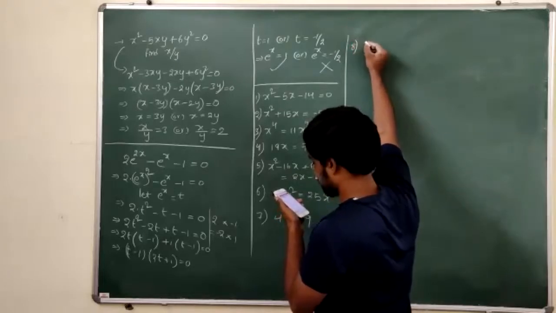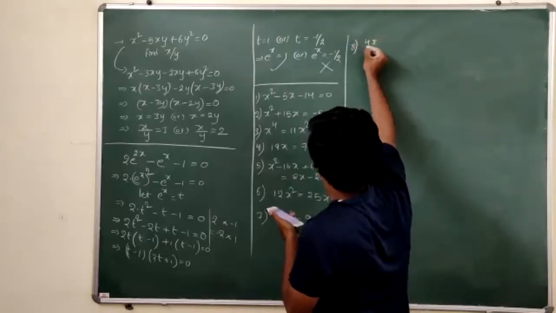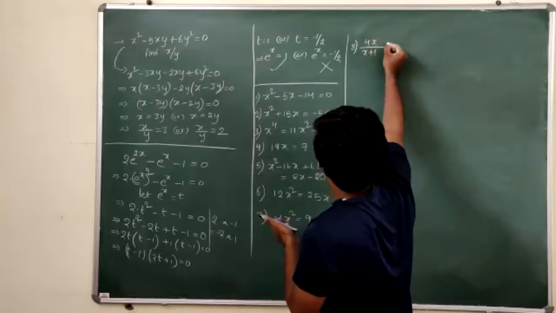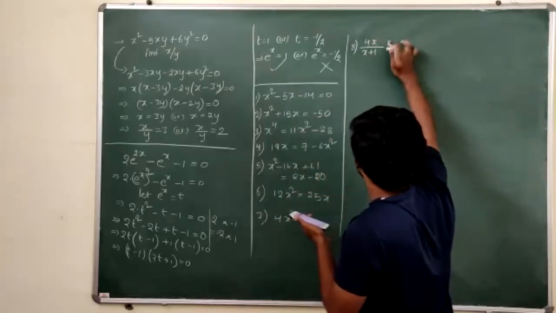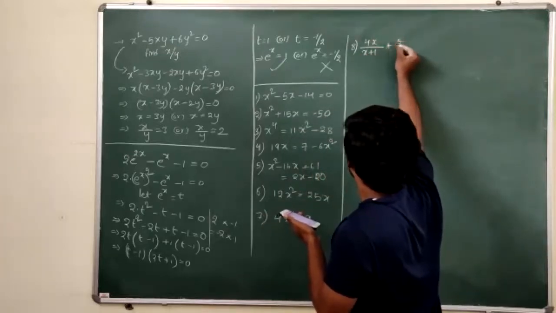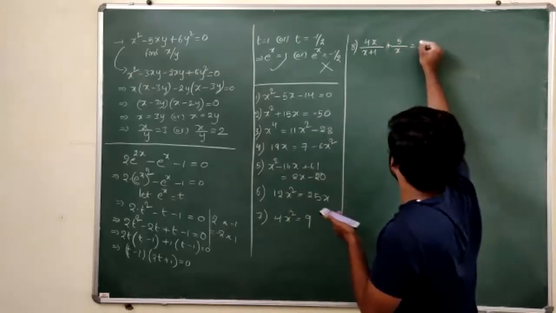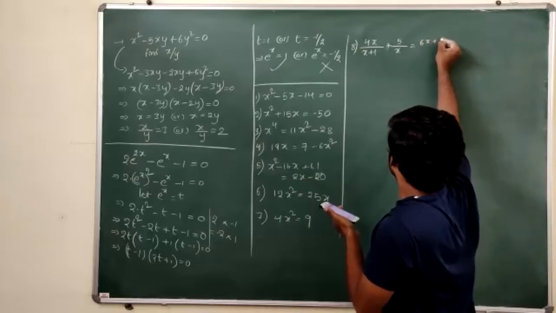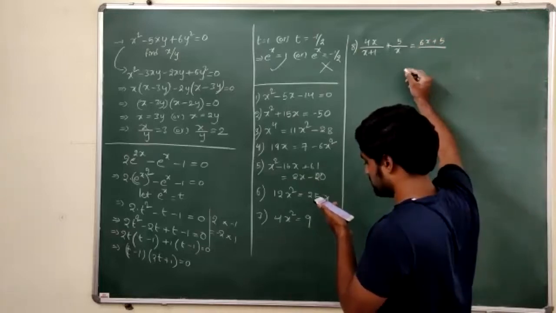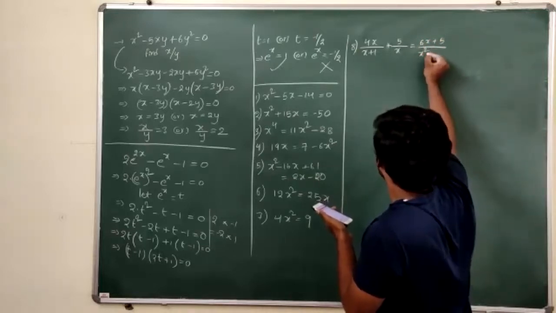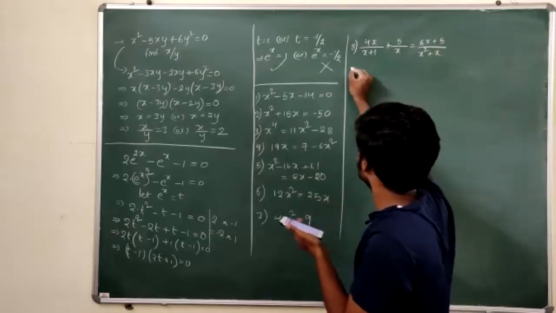Eighth one, 4x by x plus 1 plus 5 by x is equal to 6x plus 5 by x square plus x.